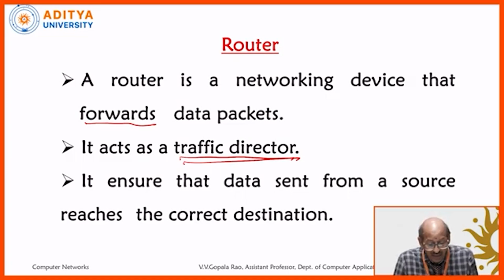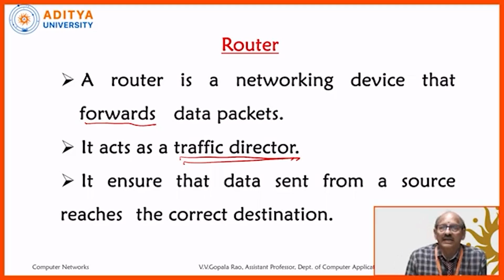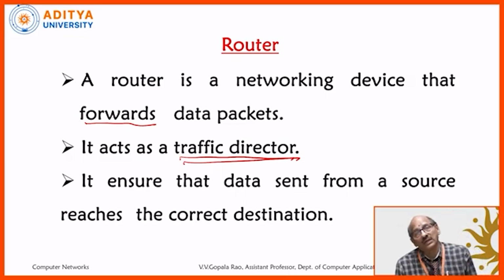In the traveling of packets from source to destination, there is a big challenge: to which direction is the packet to be released? That is another important role of a router, the traffic director, which decides which area is traffic free, which area is error free, and which area is congestion free. These are to be identified by the router, and that is why it is called a traffic director.